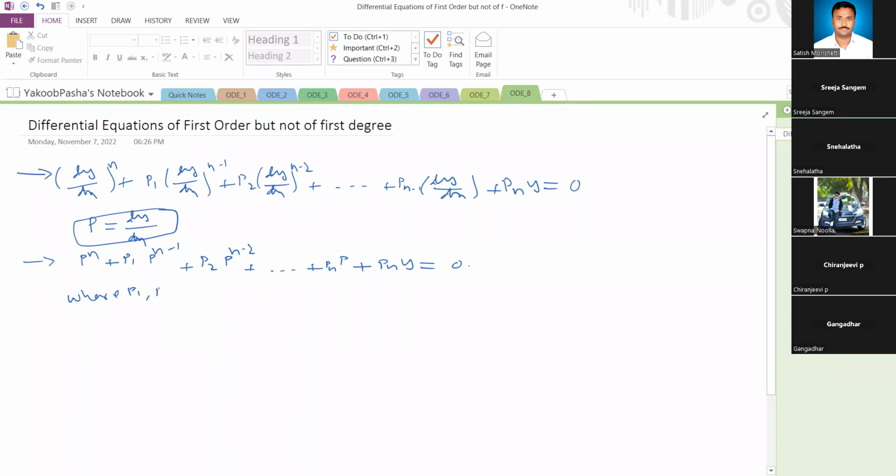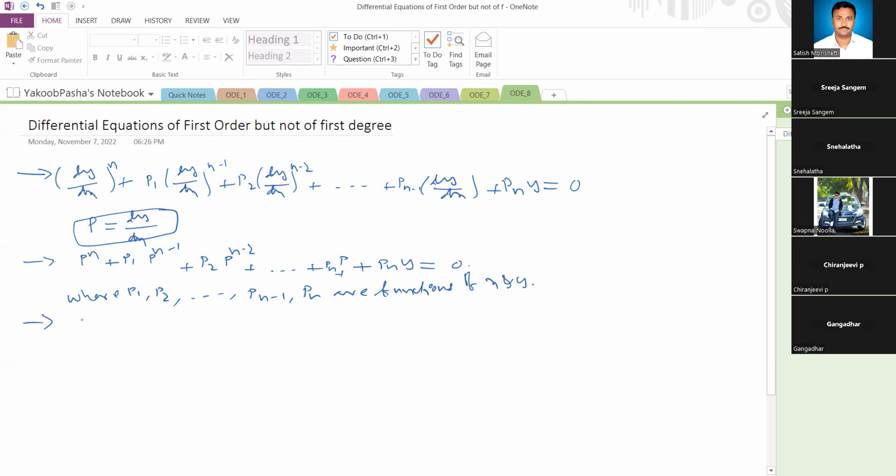Okay, this equation we can simply write in this form, where p1, p2, up to p n minus 1, p n are functions of x and y. Now for this differential equation we can write it in a simplest form.